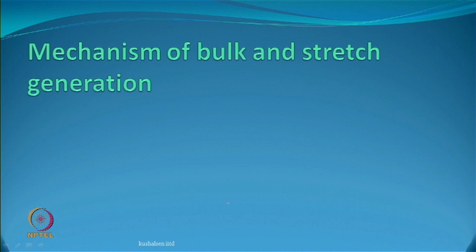So, let us say now we understand what setting is, and now we understand the twist texturing process. So, how is this bulk generated and stretch generated? You have a picture in your mind. Let us see if this picture is okay.